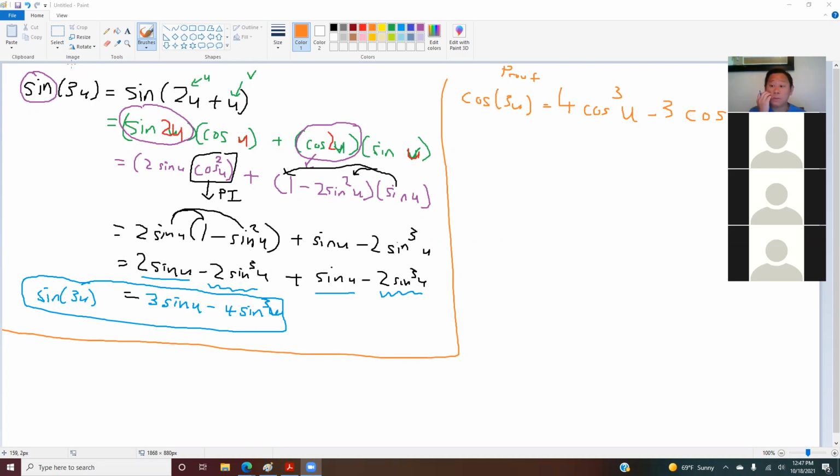Anyone know how to start with this one? This is in your test too. Do you have to use the power reducing? No, we don't use power reducing. It's very similar to what we did in sine 3u. See that?